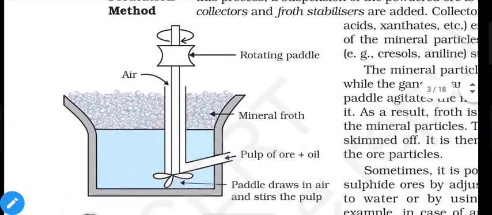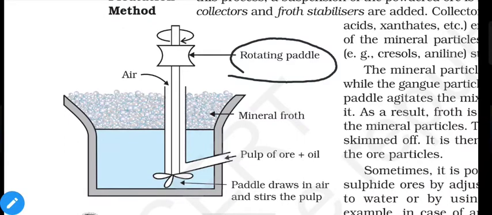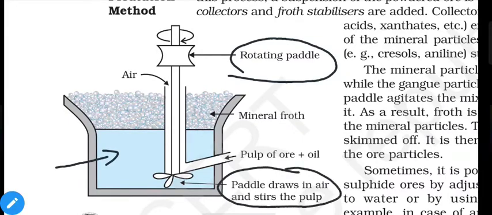So this is the simple representation of the instrument. We have a rotating paddle. It is connected to a motor so it can rotate our solution or mixture. The paddle draws air into the liquid, and we have a mixture of pulp of ore plus oil with water as well.